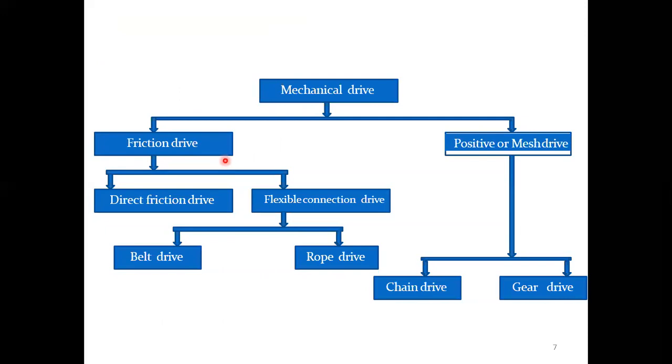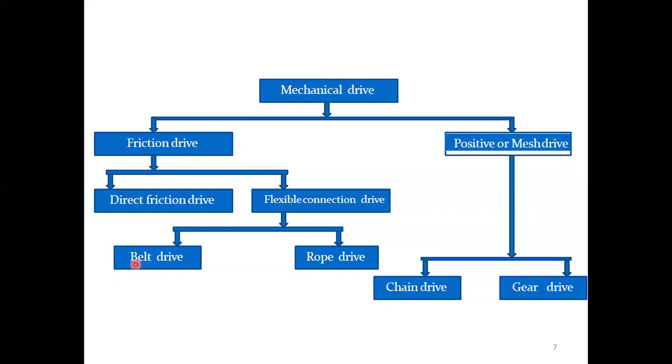So this is the example for the types of mechanical drives. Mechanical drives are divided into two parts: friction drive, and positive or mesh drive. The friction drive is again divided into two: direct friction and flexible connection drive. Flexible drive connections are again divided into belt drive and rope drive.